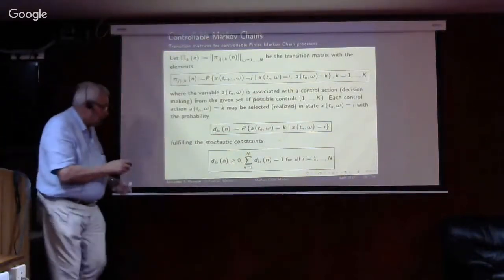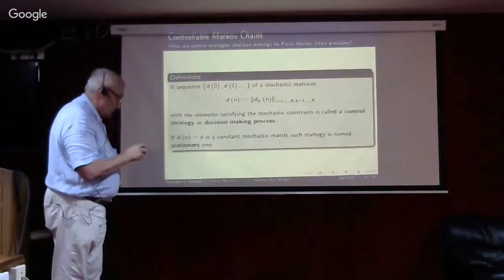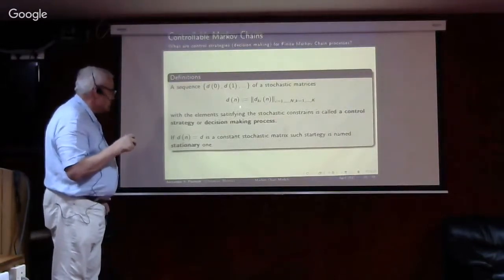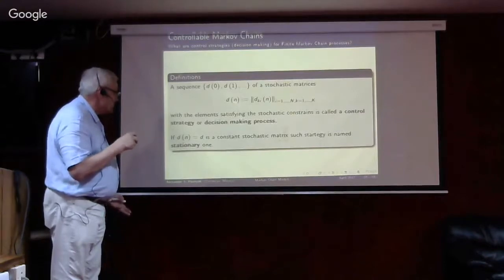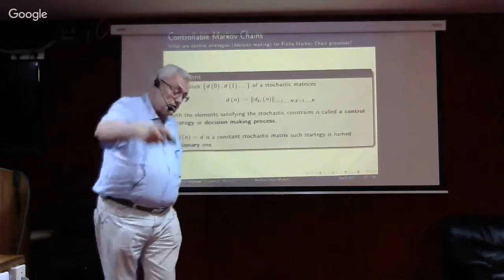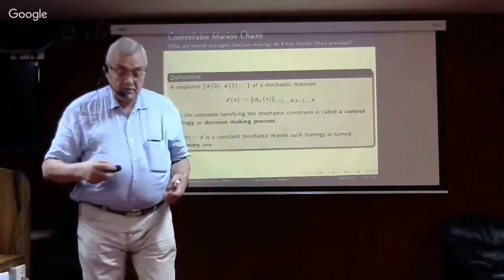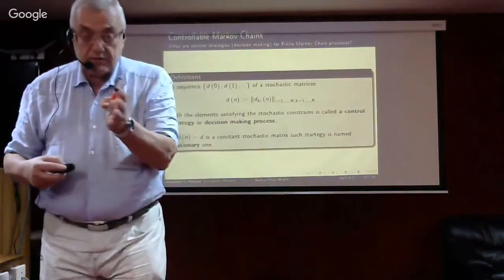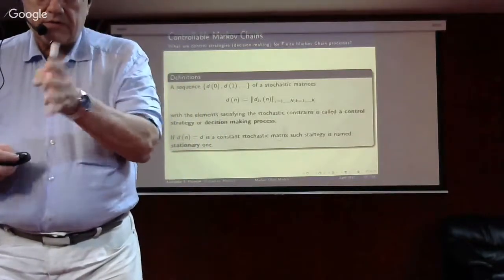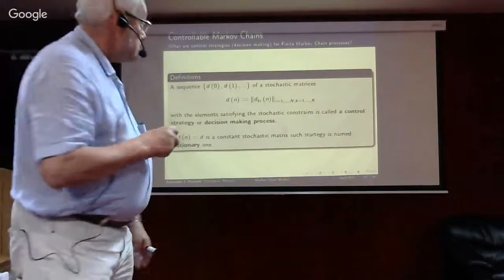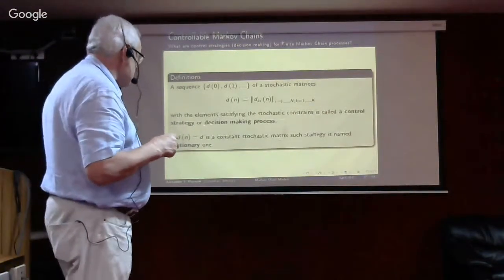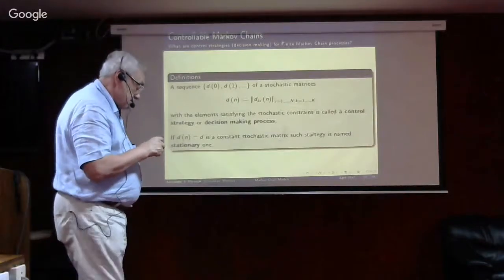And this matrix is named the control strategy or decision strategy. If we define a sequence of these matrices, which model, which dynamic of behavior is selected at each time, this is a control strategy of a decision Markov process.